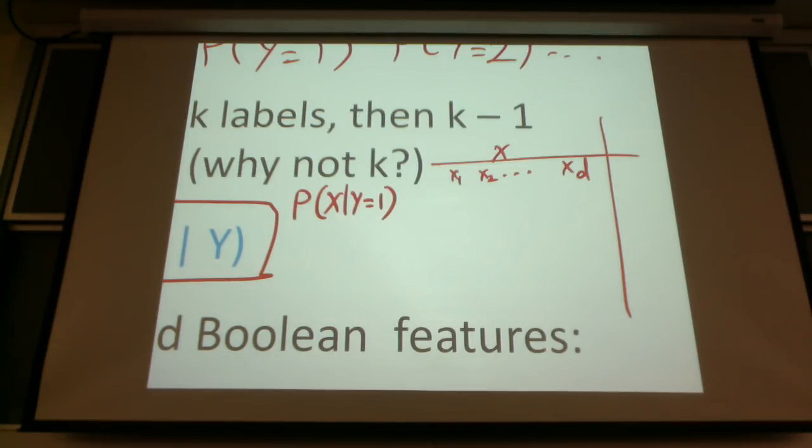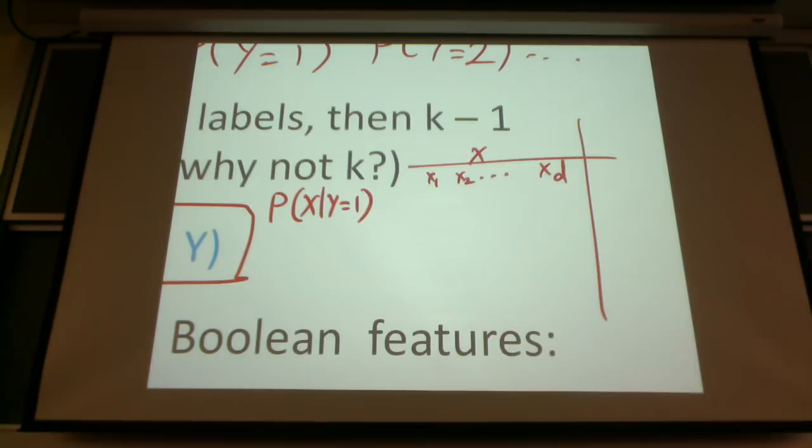The conditional probability of x given y equals 1 is really a function that takes a particular value of x and assigns a probability to it. It can take any value of x and assign a probability to it. It needs to. Which means x can be all zeros. You need a number, let's say some number here, P of x conditioned on y. It can be all 1.